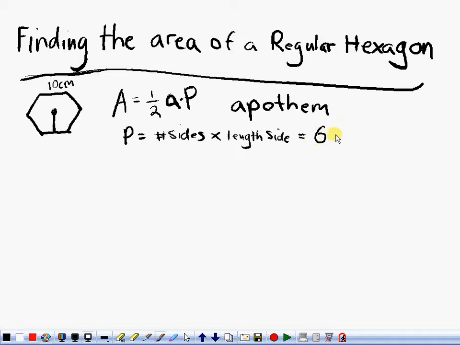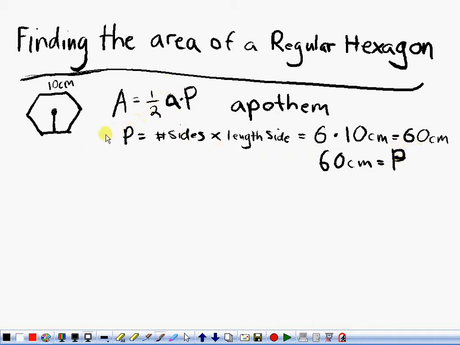So 6 times, what is the length of one side? Well, it would be 10 centimeters, right? For this particular one. So 6 times 10 is 60 centimeters. And so 60 centimeters is equal to P, which is the perimeter.